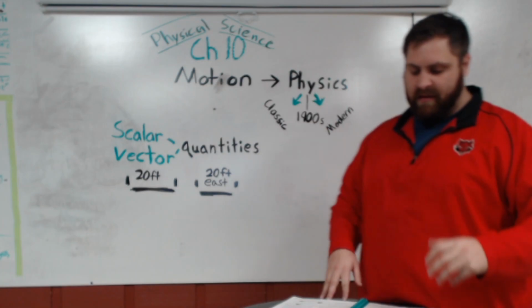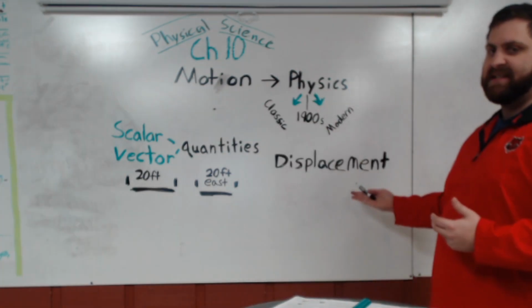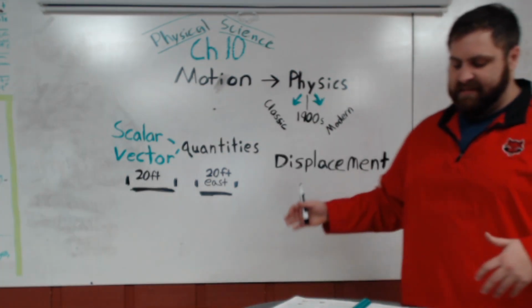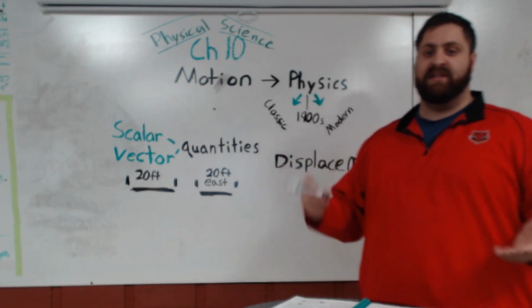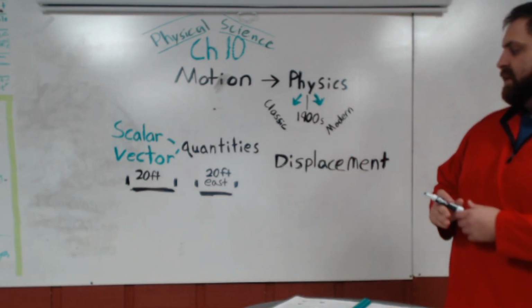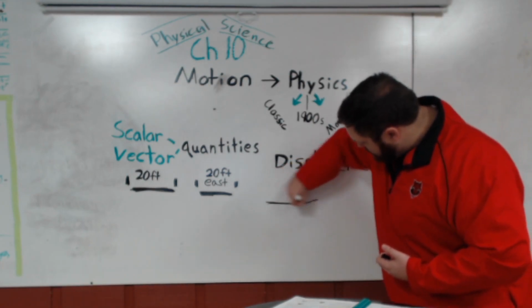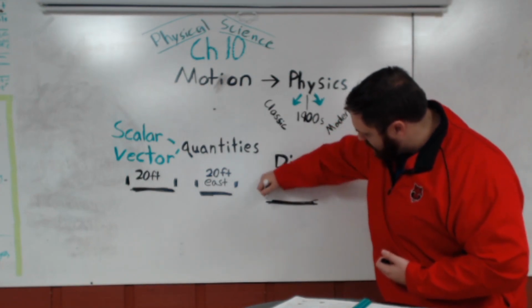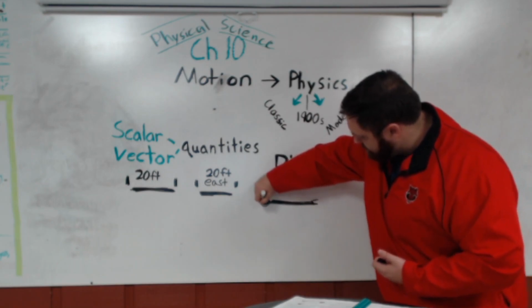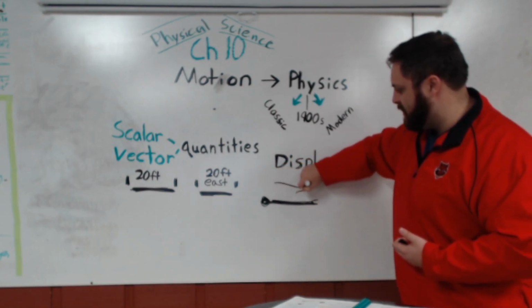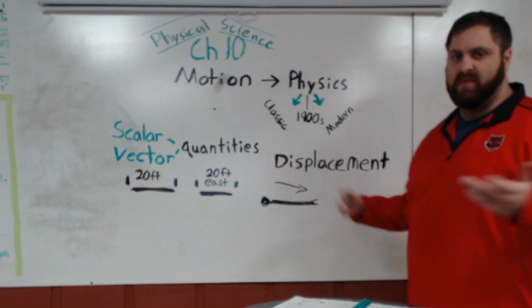Next thing we're going to talk about with this is displacement. And this is simply an object's change in position. The idea is if you traveled, let's say you traveled 20 feet. You started here and traveled 20 feet this direction, right? Your displacement would be 20 feet.